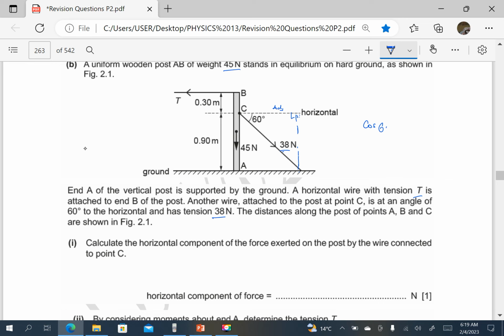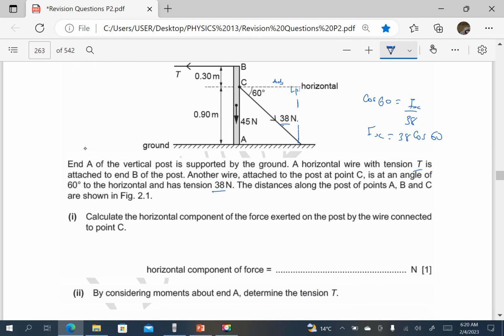Cos of 60 is equal to the adjacent divided by the hypotenuse, meaning that the adjacent is going to be 38 cos of 60. So the horizontal component, which I will call F in the x, is going to be equal to 38 cos of 60.